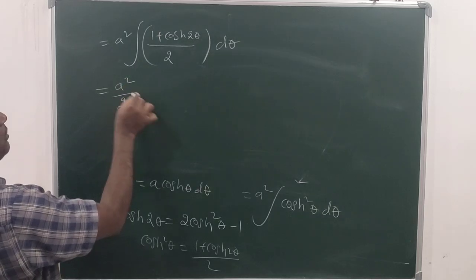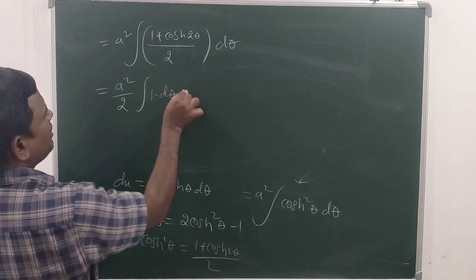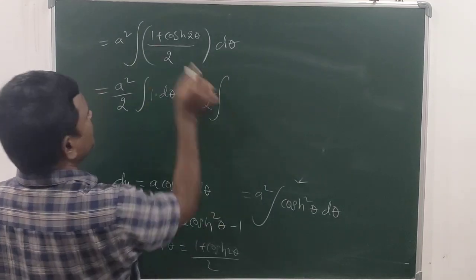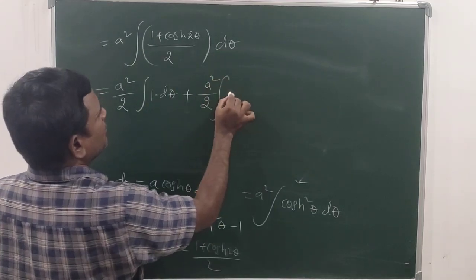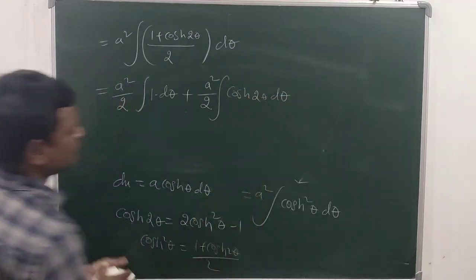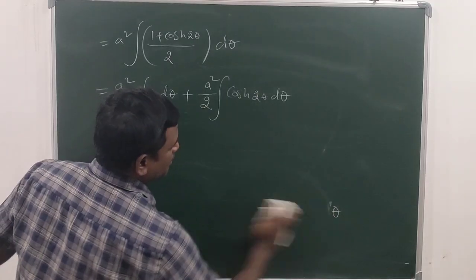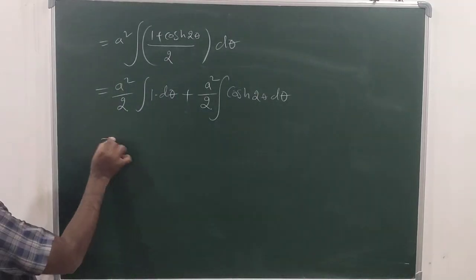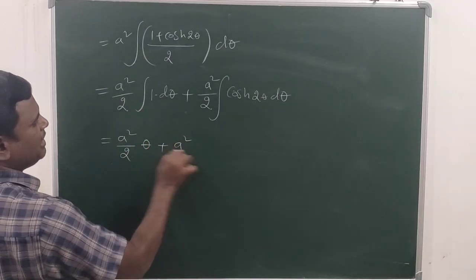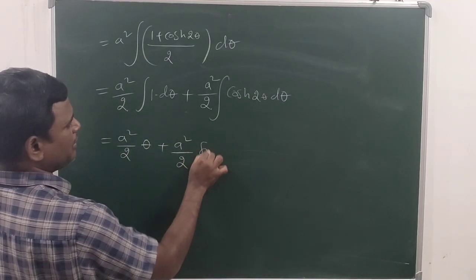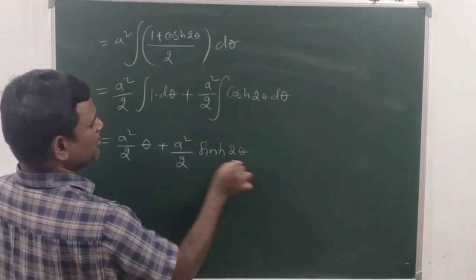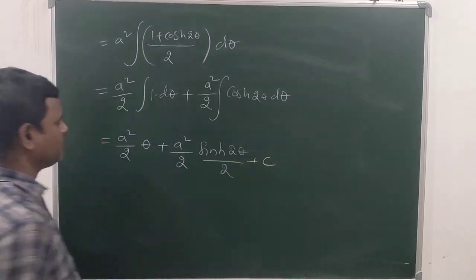Now a square by 2 integral of 1 d theta, plus a square by 2 integral of cosh 2 theta d theta. Integrate it. Here you will get a square by 2 theta, and here a square by 2 times cosh 2 theta integration, which will be sinh 2 theta by 2, plus c.